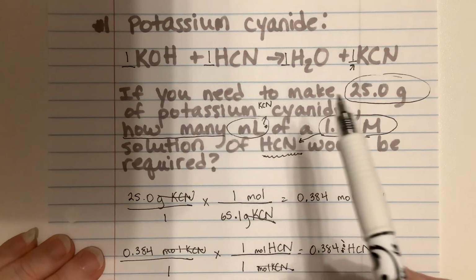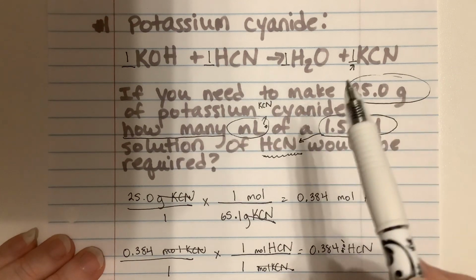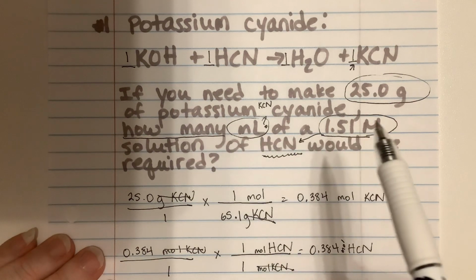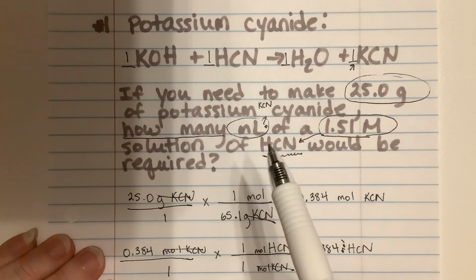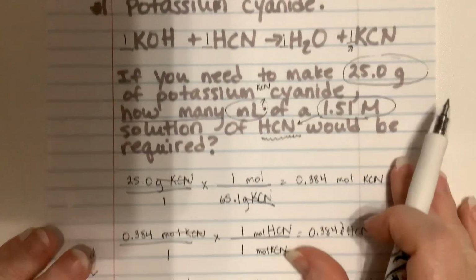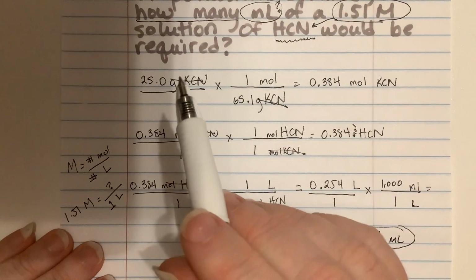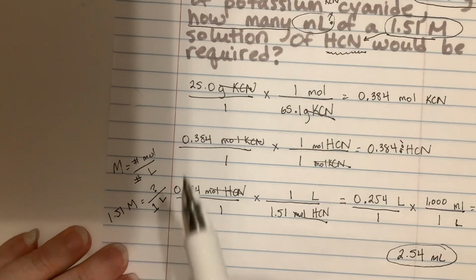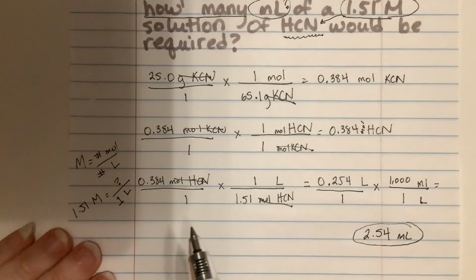It's going to ask you if you need to make a certain gram of something, how many milliliters of some kind of molarity solution would be required. It's going to be set up just the same. So you're going to do the same steps to get there. And you may even have to do this little step over here to the side, but I'm sure you can handle it.